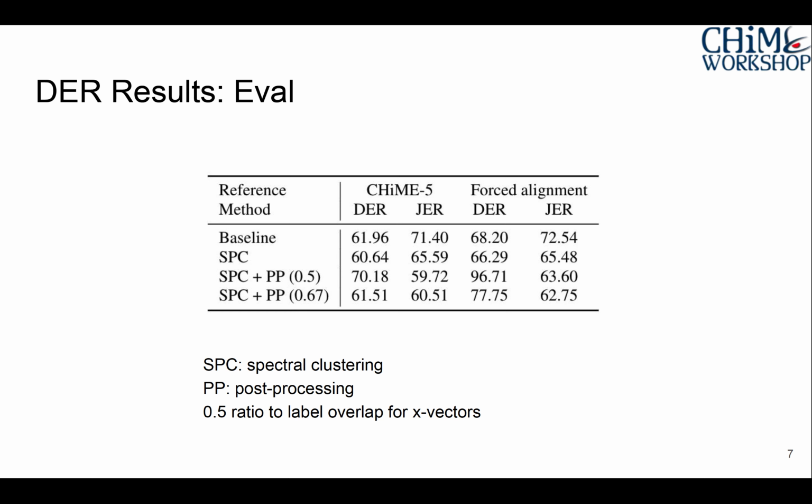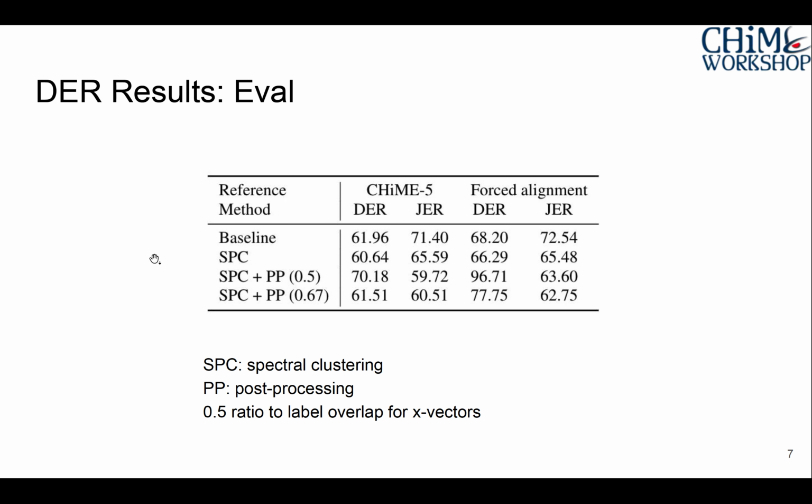And we also compute the DER for the evaluation set, and we got the same finding: the forced alignment reference has much higher DER than the CHiME 5 reference.